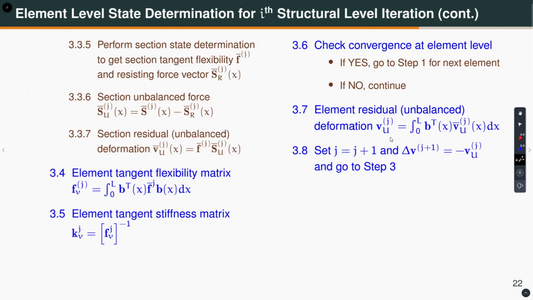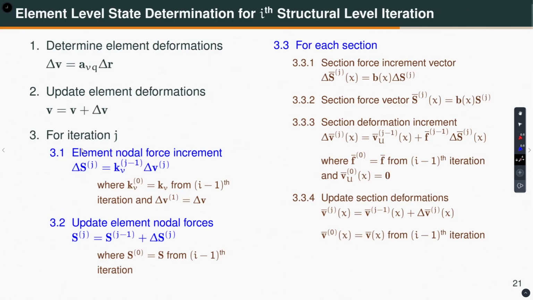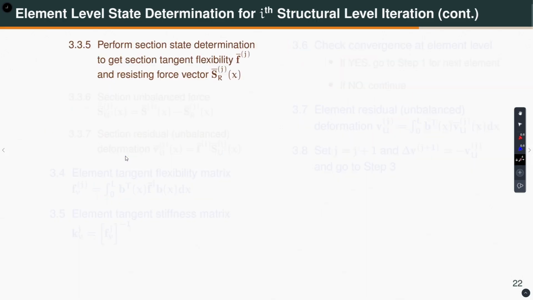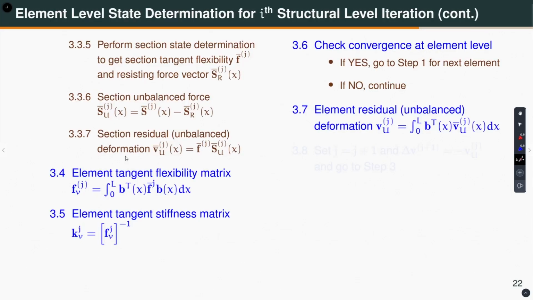So, the idea is in the next iteration, when I set j equal to j plus 1, I impose the negative of that on the element, and go to step 3 and repeat this procedure. Step 3 means I come back here. So, this is the negative of the residual in the previous step, and I follow the same procedure until convergence is achieved at the element level for every element.